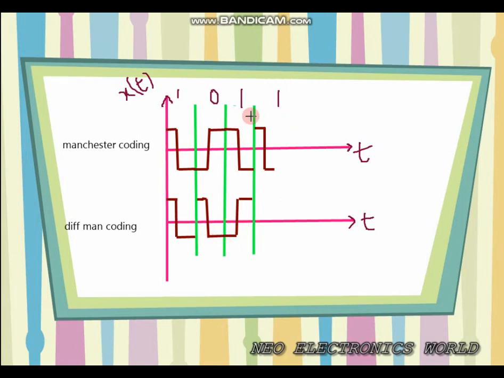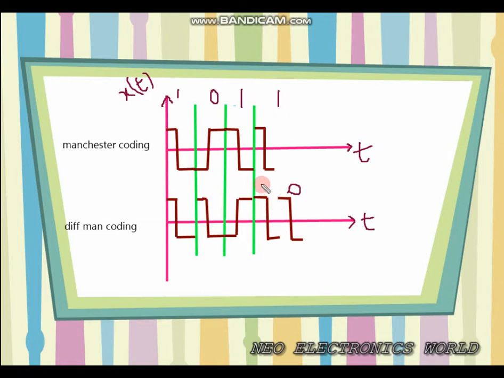And if we get 1 again, we will be continuing from where we have stopped. From this portion we will go down, and if a 0 comes here, there will be a break, and 0 will start from this point and go on. That is what happens when differential Manchester coding is done.